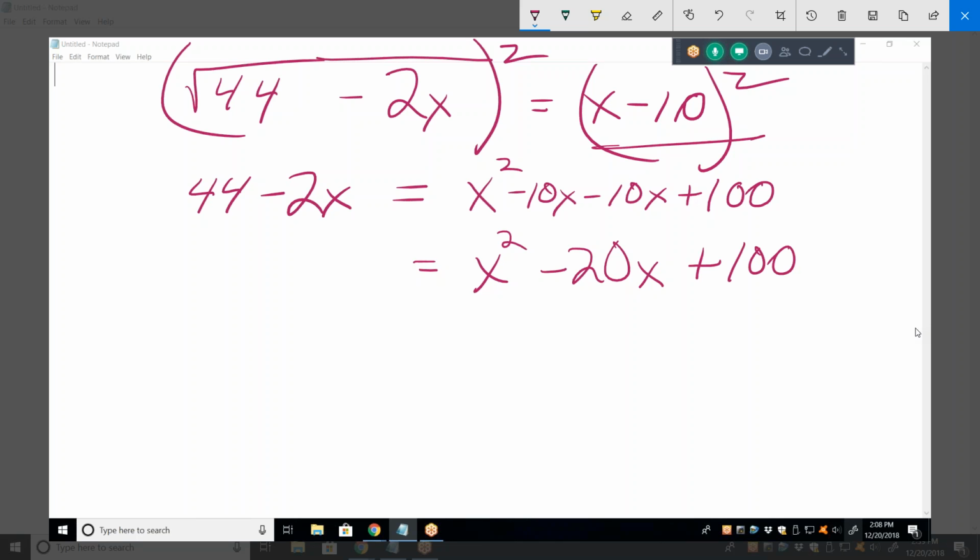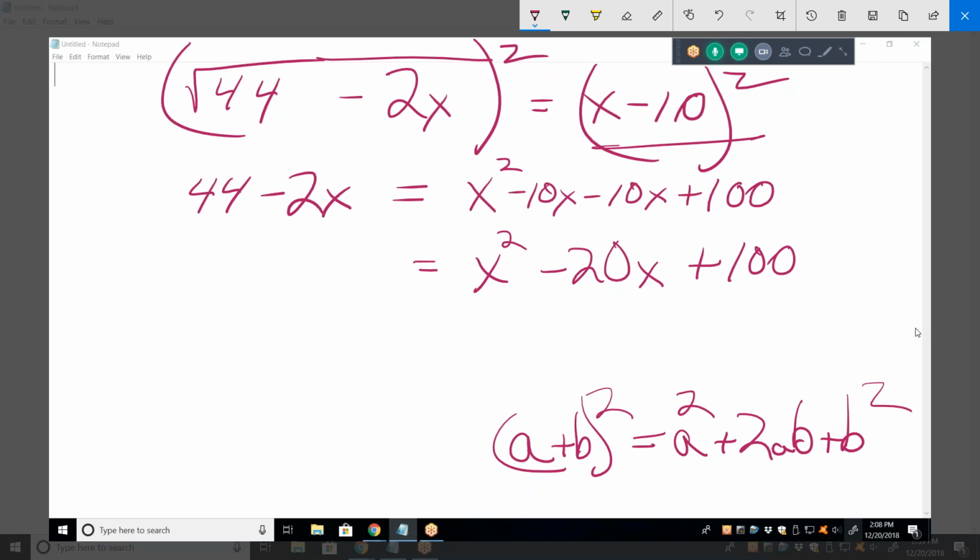Notice that can be done in one step. You don't always have to FOIL those. Whenever I have a plus b squared, I automatically know it's going to be a squared plus 2ab plus b squared. 2ab here is 2 times x times 10. So that's where you get your 20.